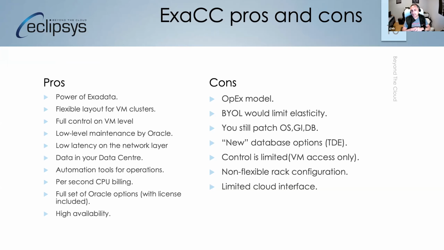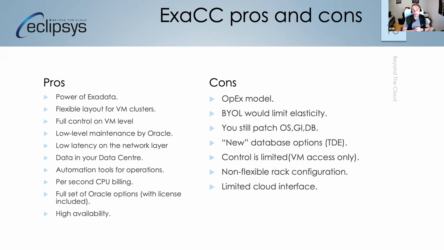Control is kind of limited. You have full access to VMs, but you have no visibility or access to storage boxes, network switches, or DOM0 hypervisor to hardware layer at all. Non-flexible rack configuration. It means you have to choose one of 4 shapes. It is what you are presented.